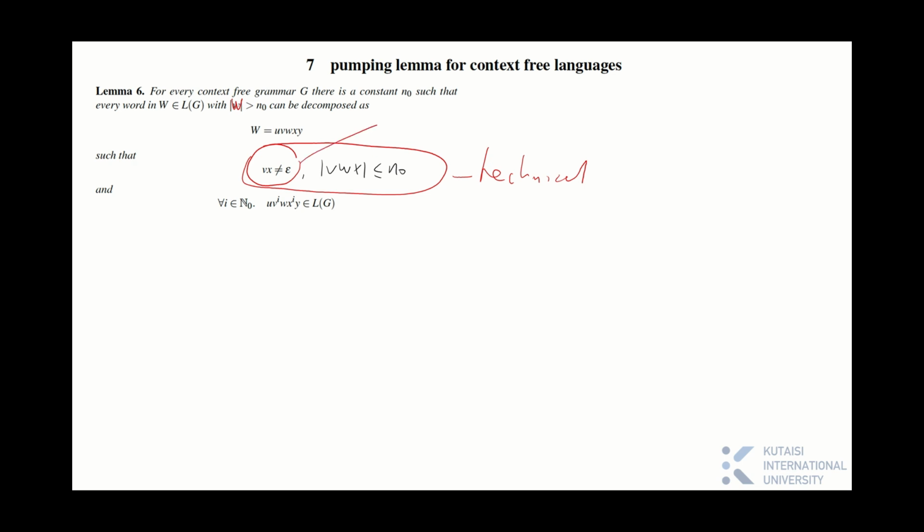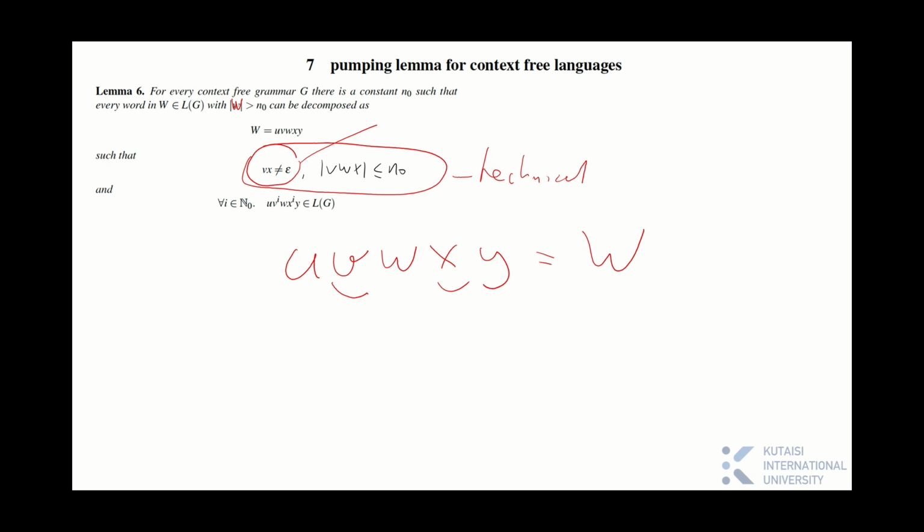It says that if I do not impose this, this will be trivially true. Think about it later. So I have a decomposition like this: u, v, w, x, y. This is my word now. It decomposes into 5 parts. And what I'm saying is I can raise v and x to any power I like.